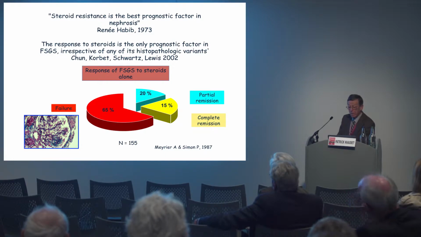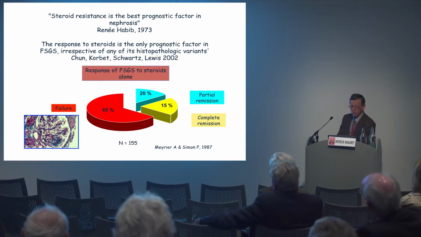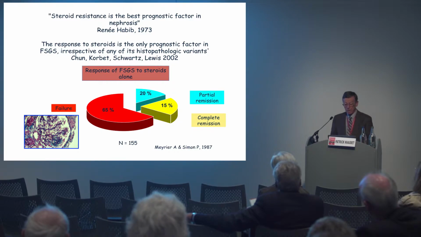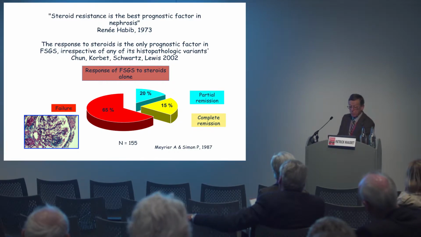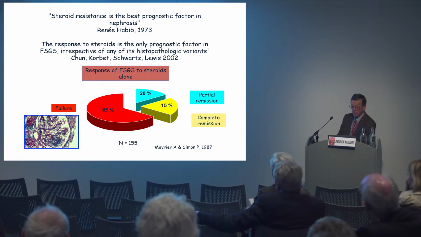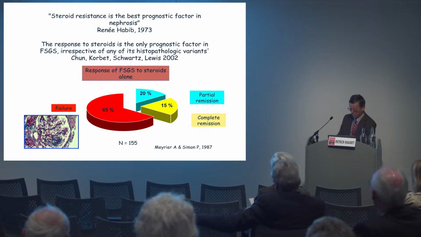And the adult nephrologists also wrote that the response to steroids is the only prognostic factor in FSGS, irrespective of any of its histopathologic variants. So the response of FSGS to steroids alone in adult patients: 65% failure, 20% partial remission, and 15% complete remission.